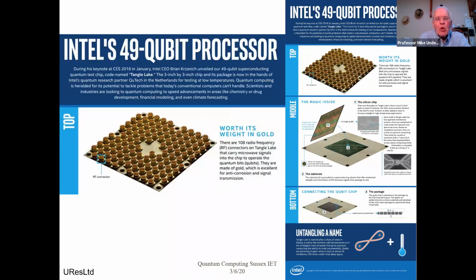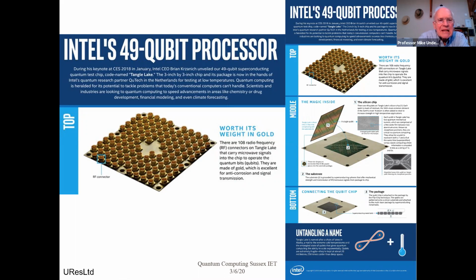Right, let's have a look at one particular offering. This is Intel's offering, and this begins to give you some idea of the shape and size of the processor, codenamed Tangle Lake, which is up here. It's a 3-inch by 3-inch chip, and it's been passed over to the Netherlands, their partner QuTech, for testing at low temperatures.